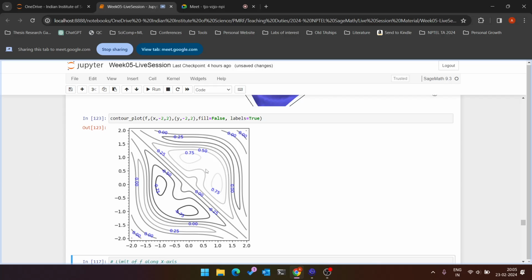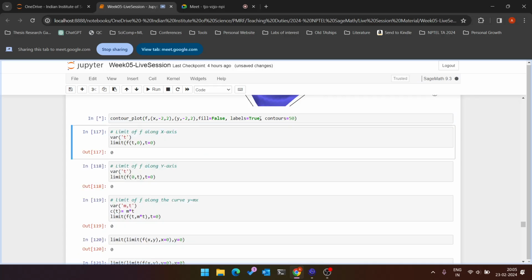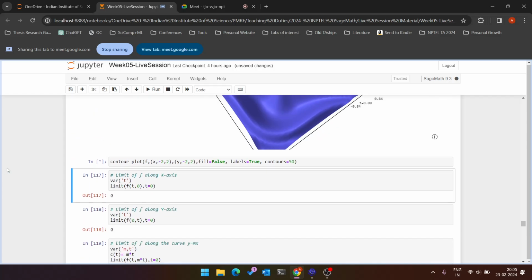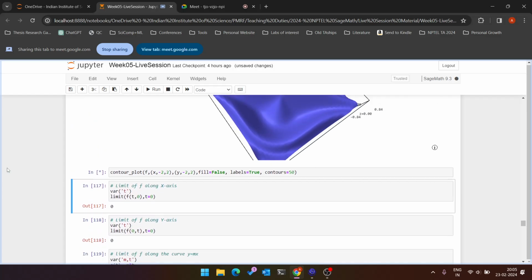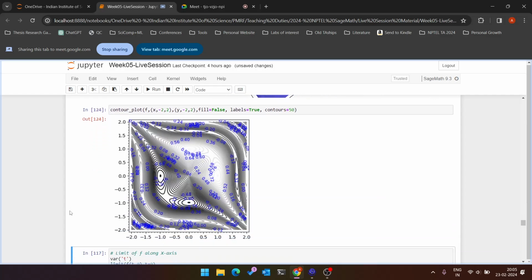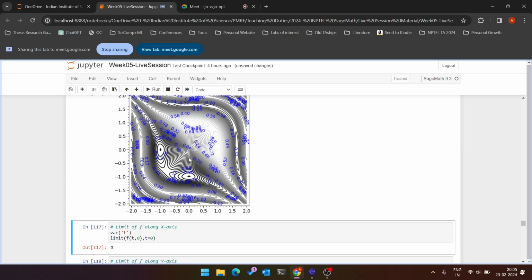So this is how they are slowly merging from the top. So slowly merges at this point. If I increase the number of contours, this might be more clearer, suppose I increase it to 50 contours. Basically, it is slowly coming down to zero itself from every direction.